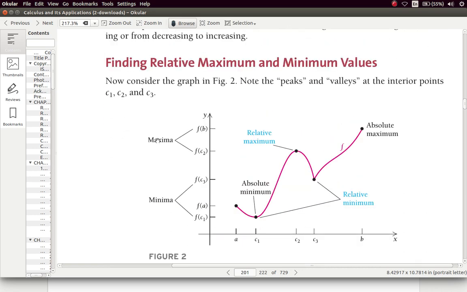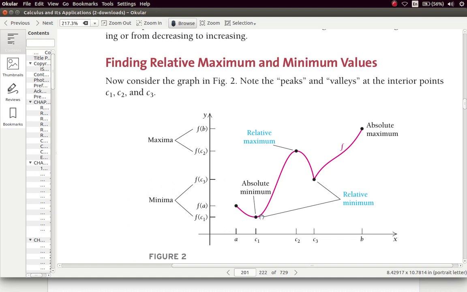Now you have these peaks and the valleys. Notice in figure 2 the peaks and the valleys are at the interior points c1, c2, and c3.